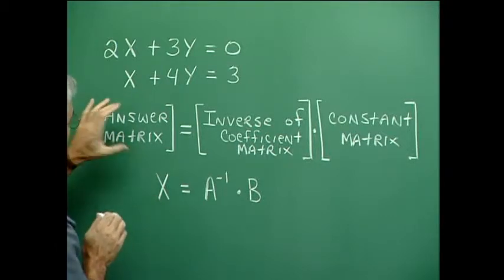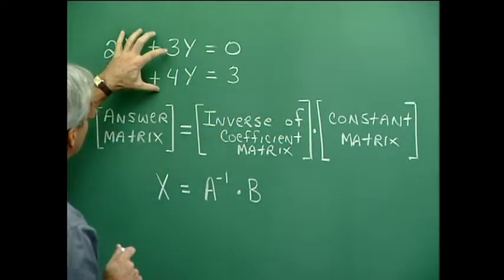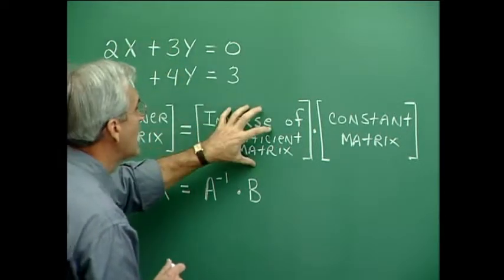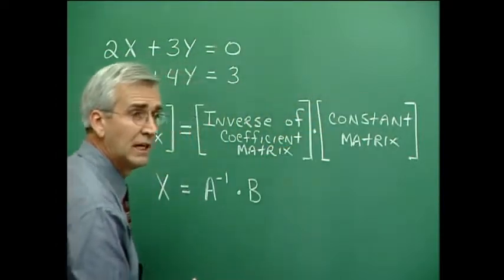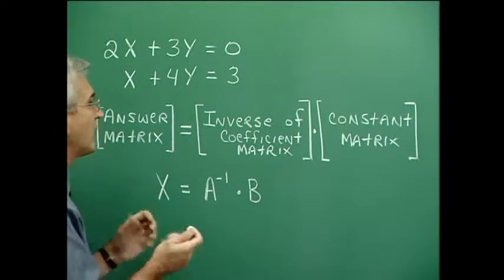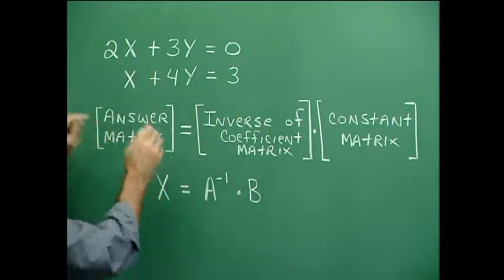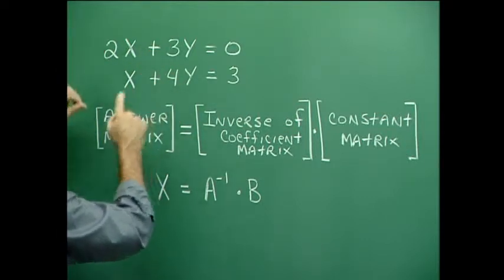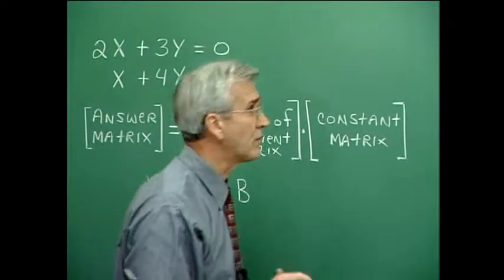All right, so the answer matrix is found by taking the inverse of the coefficient matrix, the inverse of the matrix of these coefficients, you see, and then multiplying times the constant matrix, this little constant matrix. And the only tough part here is to generate the inverse of the coefficient matrix. Now the coefficient matrix, you know, is the 2, 1, 3, 4 matrix. So let's go through that process of generating that inverse, and then we'll find the values for X and Y.